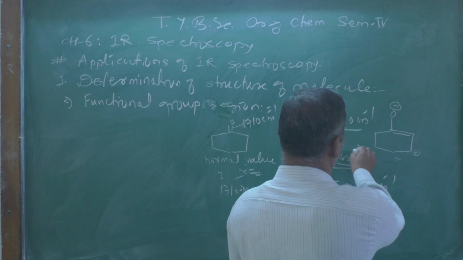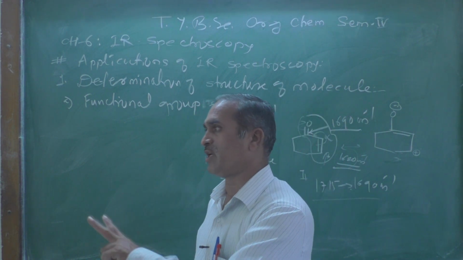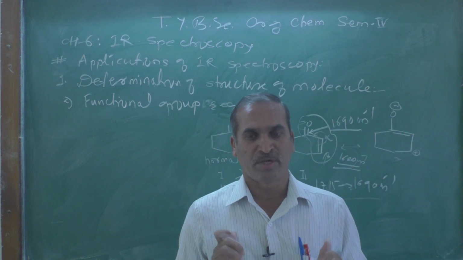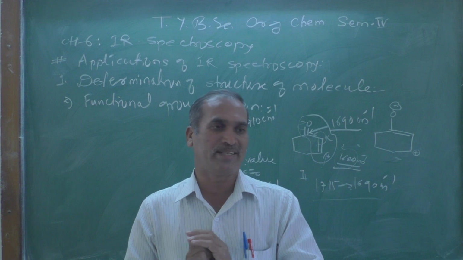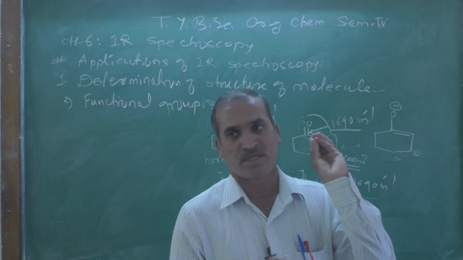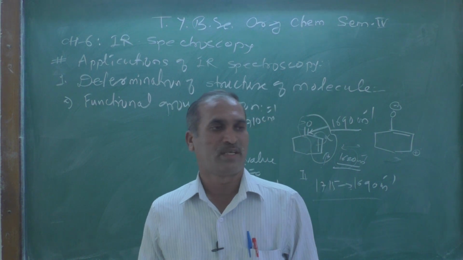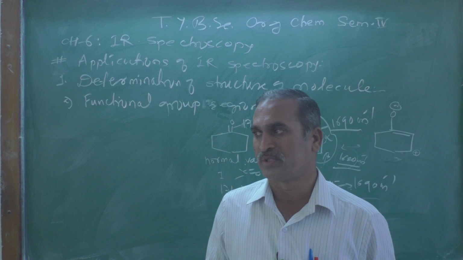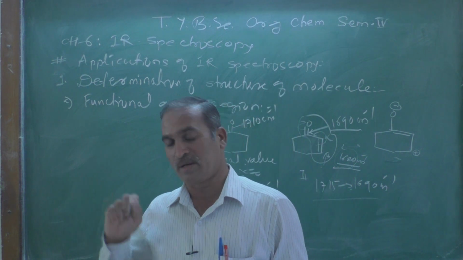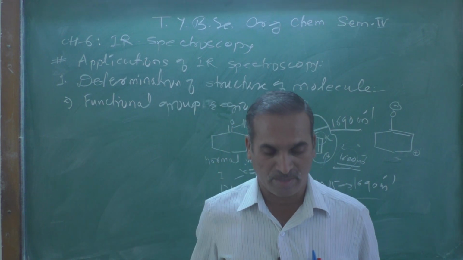By observing these two peaks in the IR spectrum, you can definitely say that this compound has two functional groups. One is a carbonyl group, with the peak around 1619 per centimeter. Another peak around 1620 is due to the presence of the carbon-carbon double bond.